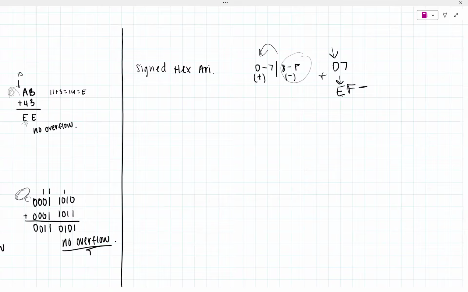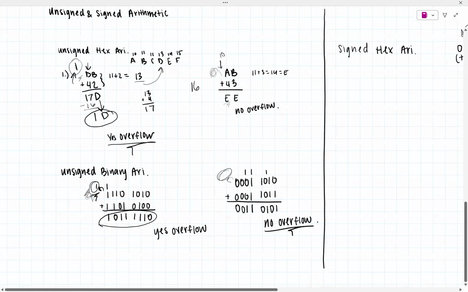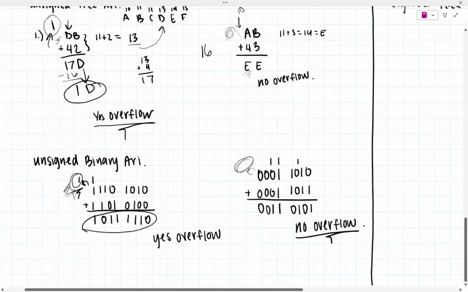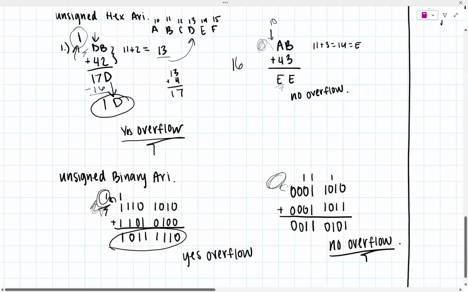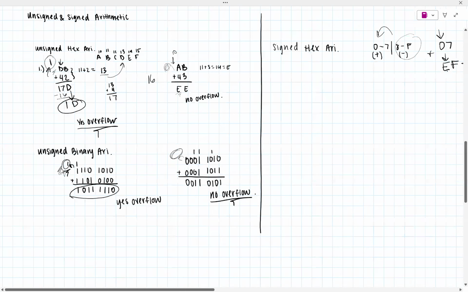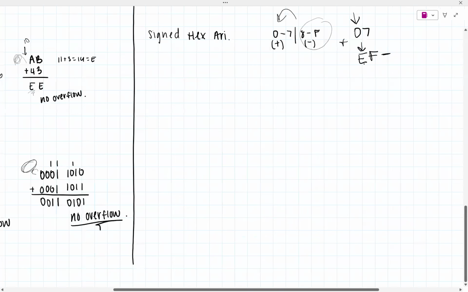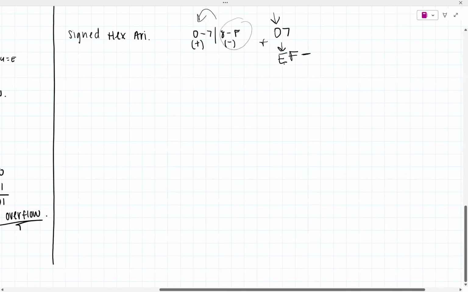This is important because we want to be able to tell if there's overflow or not. And previously, when we took a look at unsigned arithmetic, the way we were able to tell if there's overflow is if we had an extra bit being carried over, right? But if that happens in the case that we have two signed numbers, we don't care at all if there's leftover bits. So we can have a leftover bit and then it could still be no overflow. How we're able to tell if there's overflow or not is based off of positive and negative numbers.